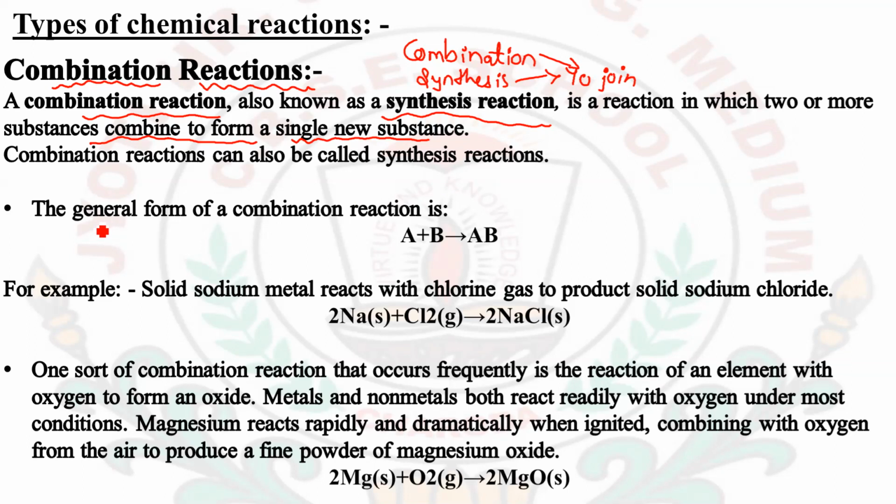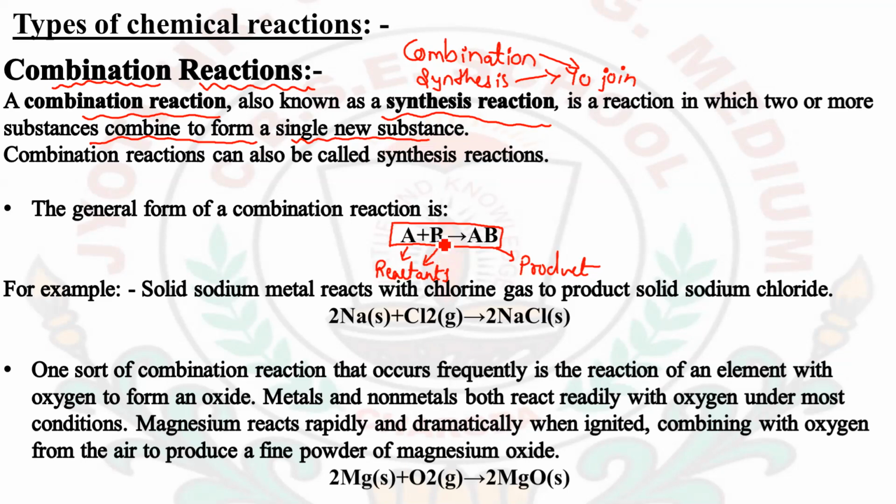The general form of this chemical reaction: let's take two substances A and B as reactants. After the combination of A and B, the product formed is AB. Here you can see that a single product AB has been formed, but the number of reactants is two.